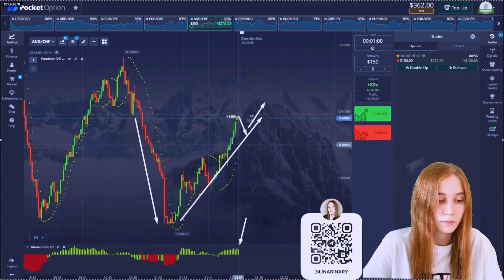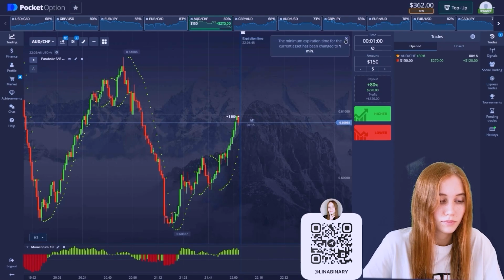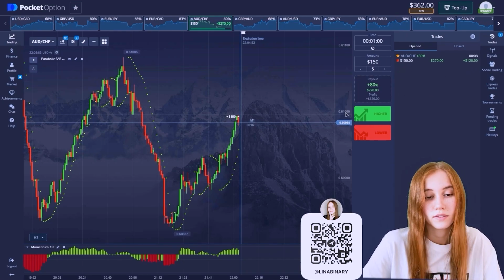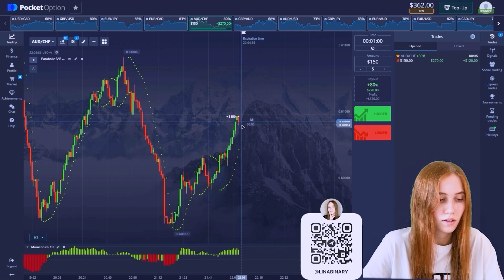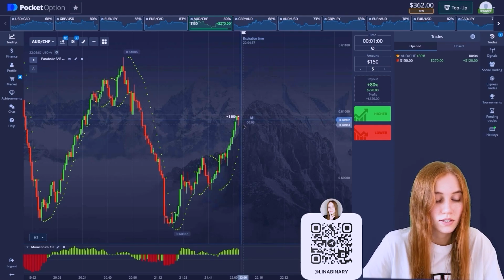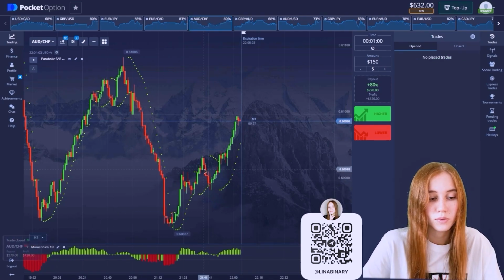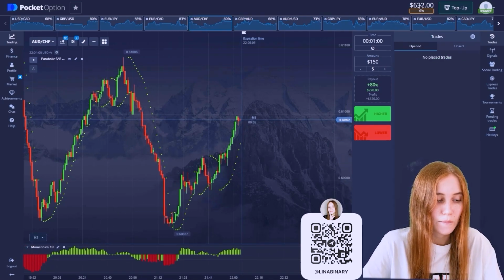Let's take a look. $150. 8 seconds left. Yeah, we see decreasing. That's good. Plus deal. Profit is $120. The balance is $632.